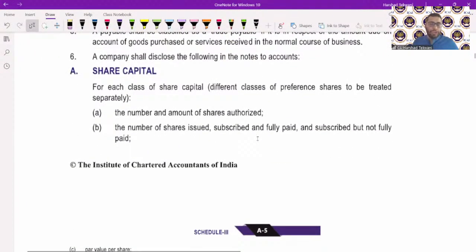Coming back to share capital, the first item of the balance sheet.